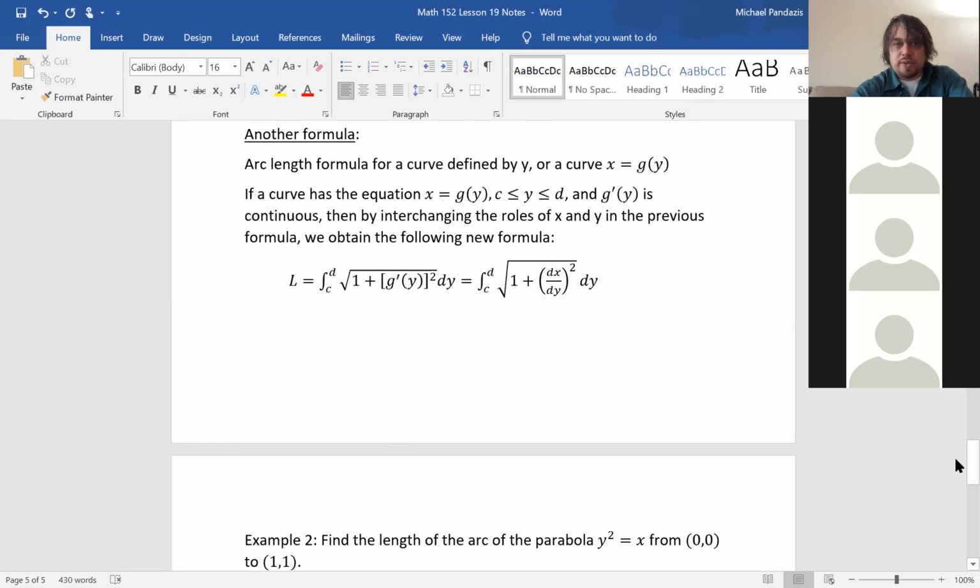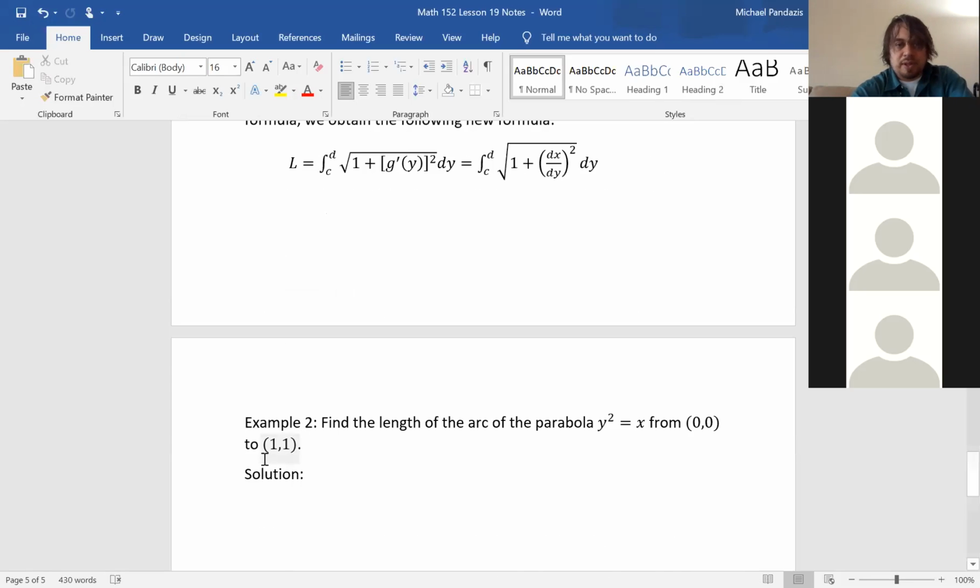Okay, so in example 2, we're going to use that new arc length formula with this function. Okay, so that's the problem. And so we're going to go to the whiteboard again.